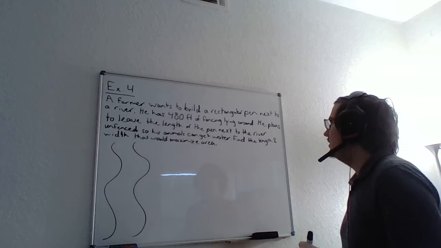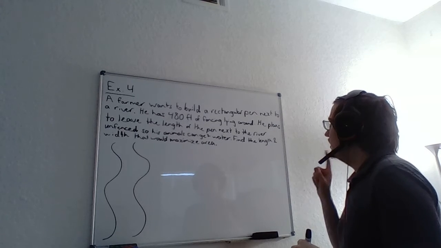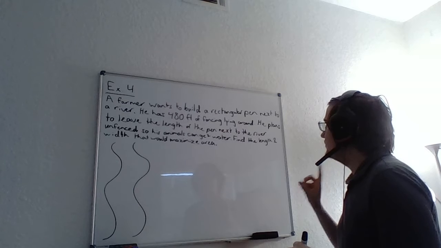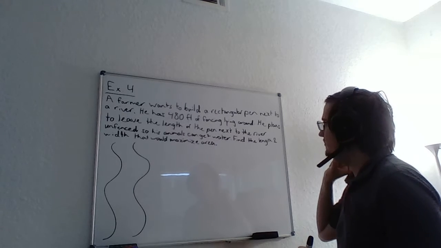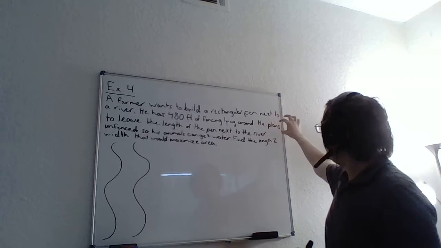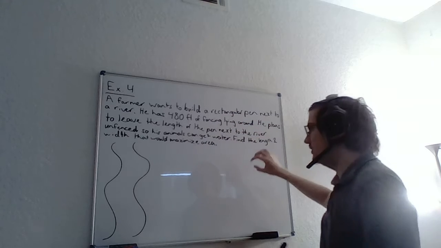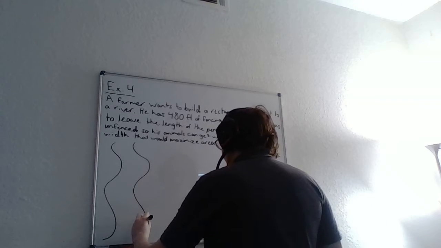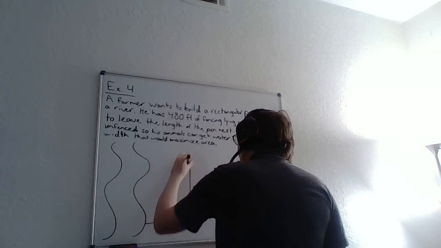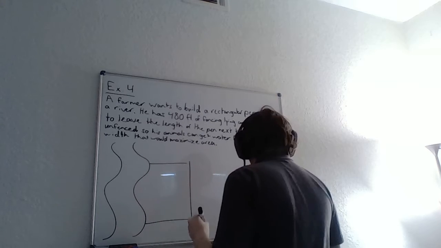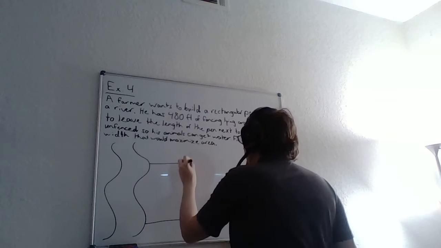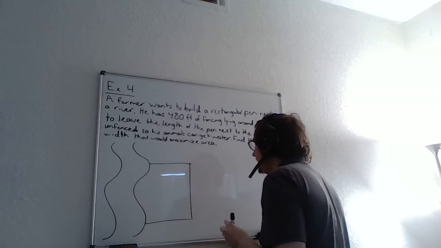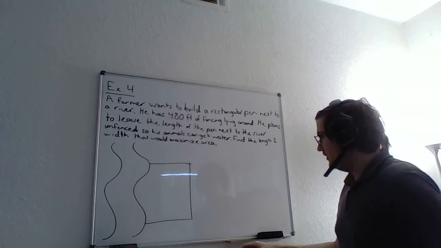Good enough. He has 480. Okay. So taking from this third section, we're only going to have fencing here, here, and here, let's say. There we go. Again, doesn't need to be perfect.